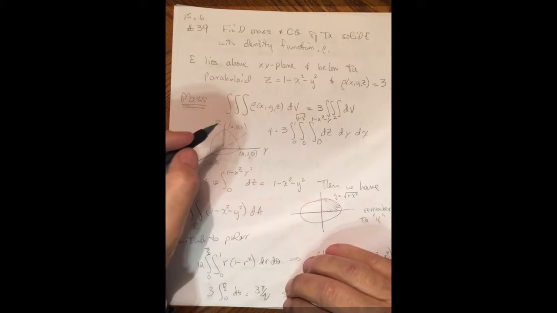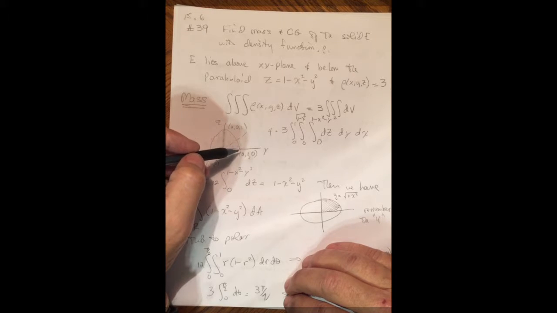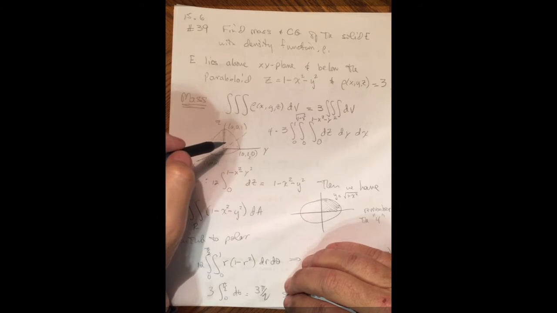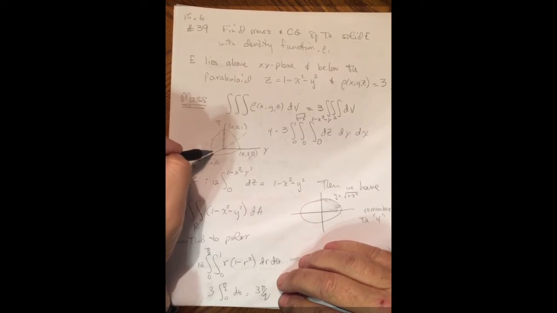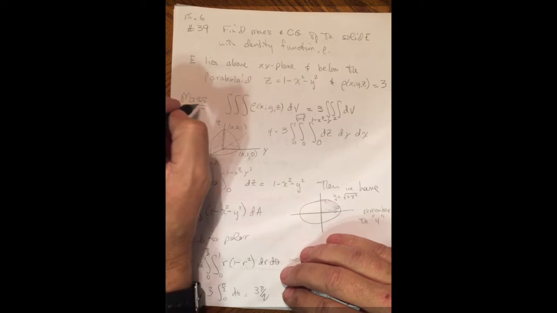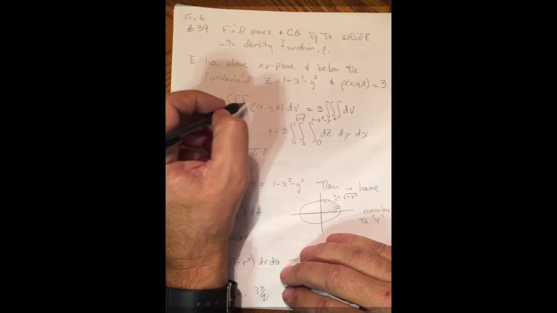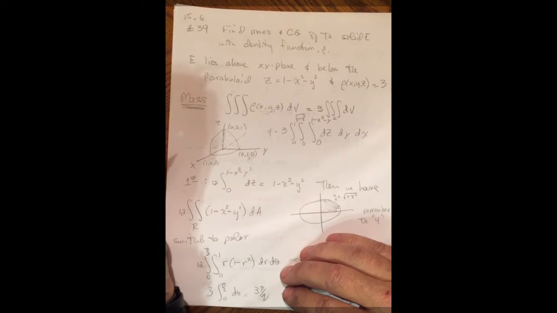Okay, now what I've got drawn is not the surface. It's 1/8, or actually 1/4 of the surface. It's the surface in the first octant. There's really 3 more parts to it. So the mass is just the integral evaluated at the density function times dv.